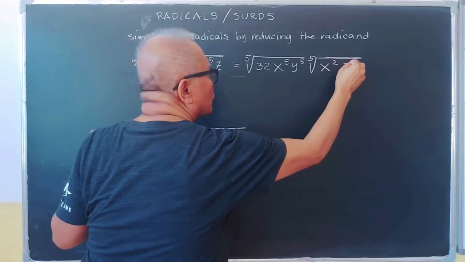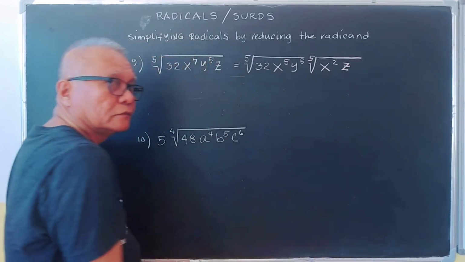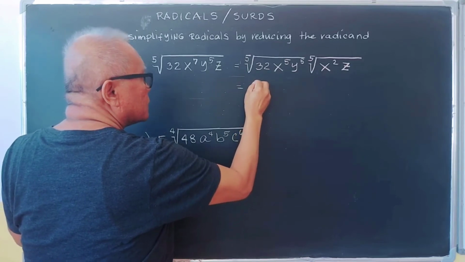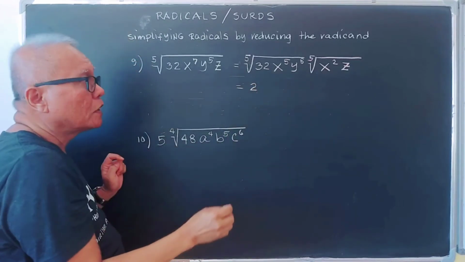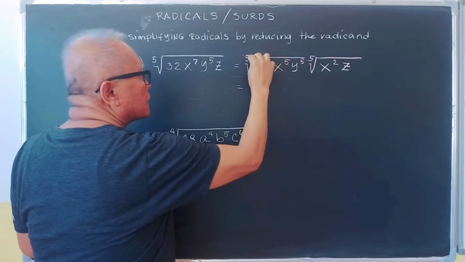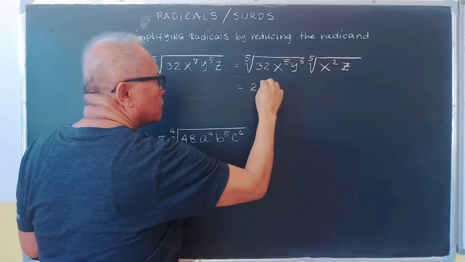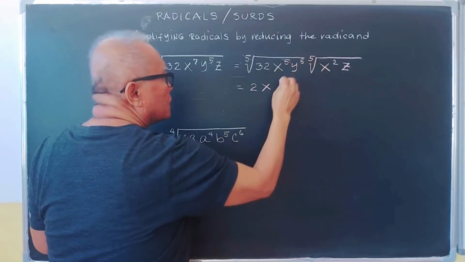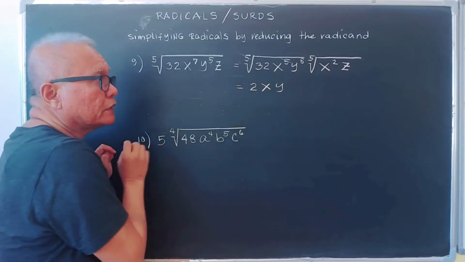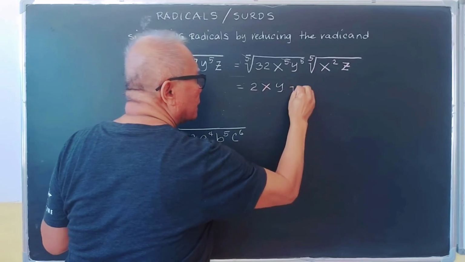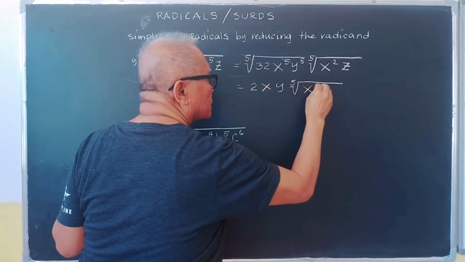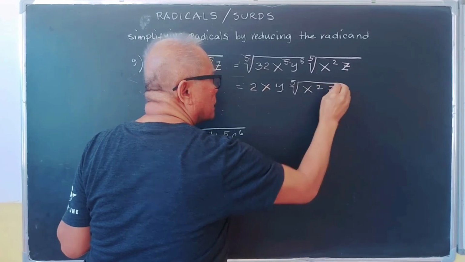No. So we put the z here. Then we take the fifth root of 32, which is 2. Fifth root of this one, we can cancel. So we have x here. 5 and 5. So we have y here. And copy the fifth root here of x squared z.